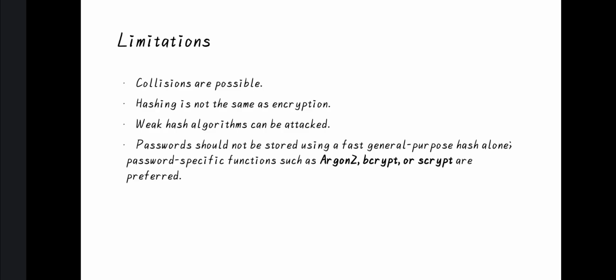Weak hash algorithms can be attacked. Passwords should not be stored using a fast general-purpose hash alone. Password-specific functions such as bcrypt or scrypt are preferred.